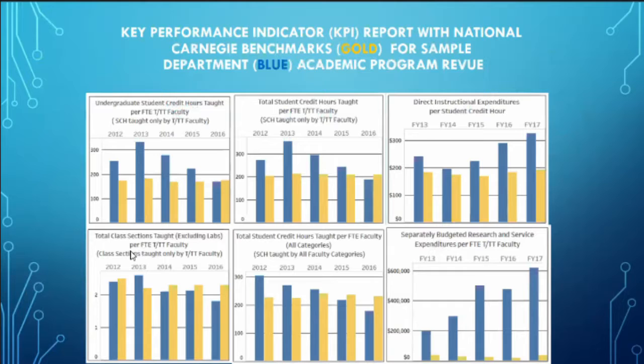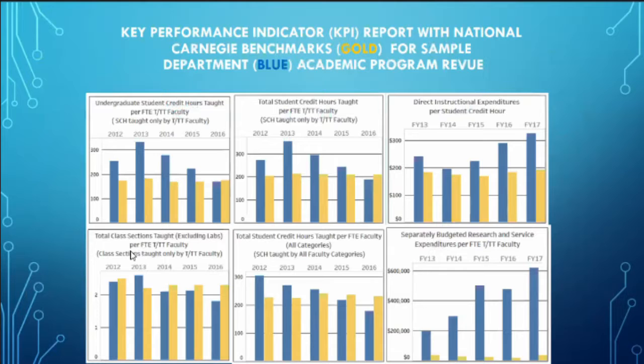But the cost has been higher than average, consistently and I'd say significantly. But you also see that in terms of separately budgeted research and service expenditures down at the bottom right, this department has exceeded the grant number for each faculty member every year by quite a bit. So that puts us into important context.